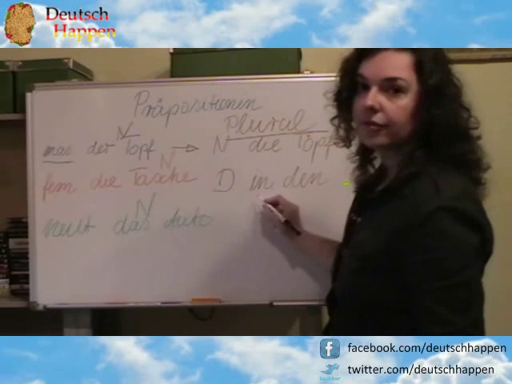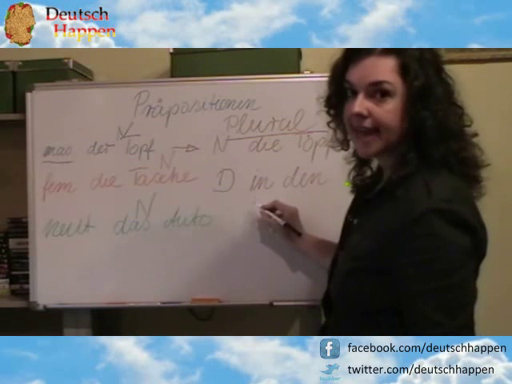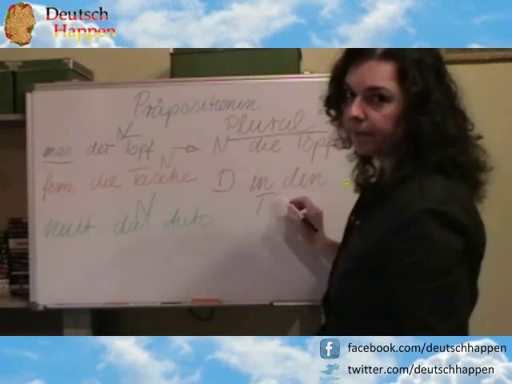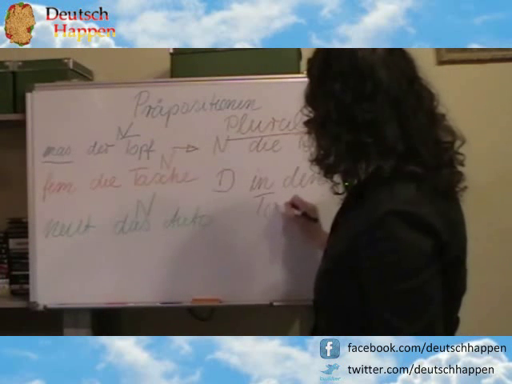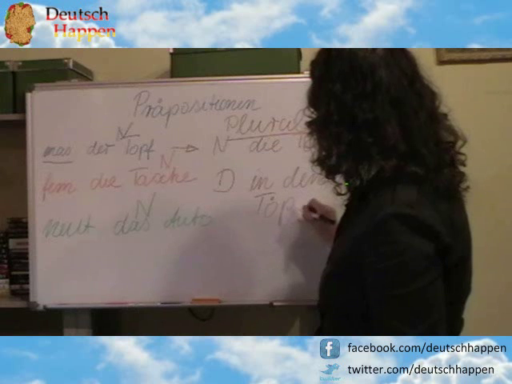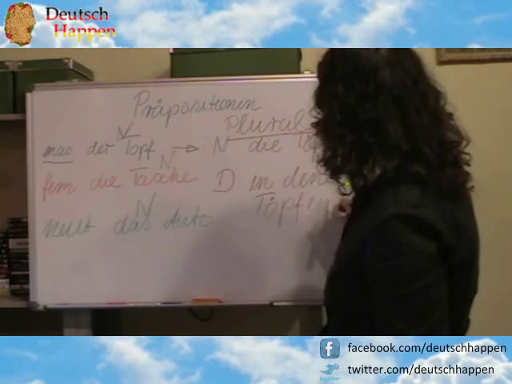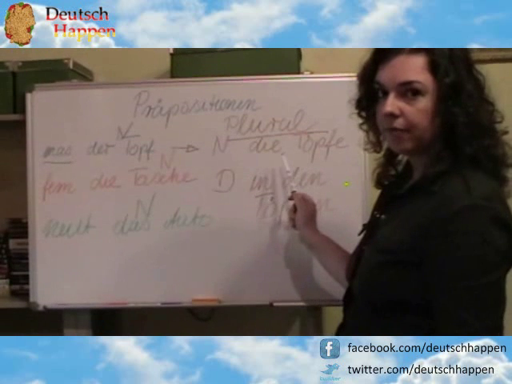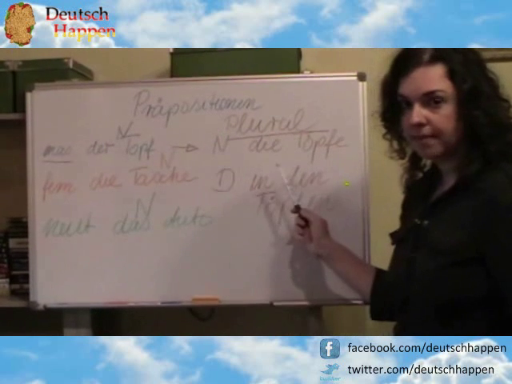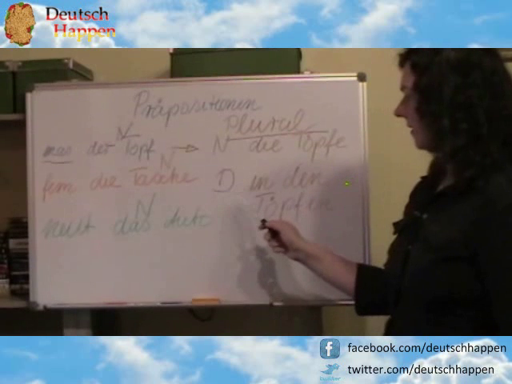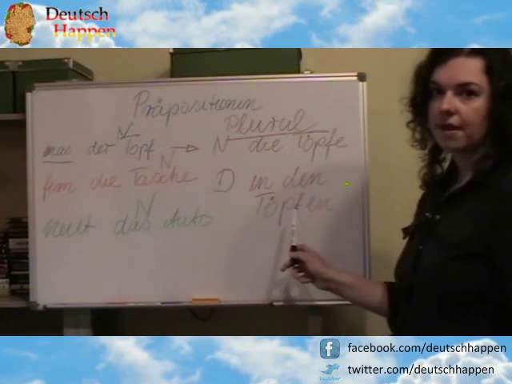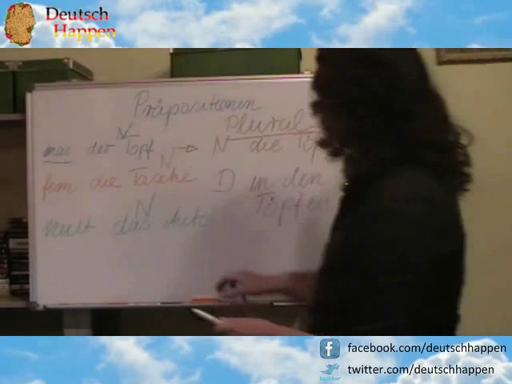And your article for that is den, and Töpfen gets an N for the dative plural as well. So der Topf becomes die Töpfe in the nominative plural masculine, and in the dative finally you get in den Töpfen.